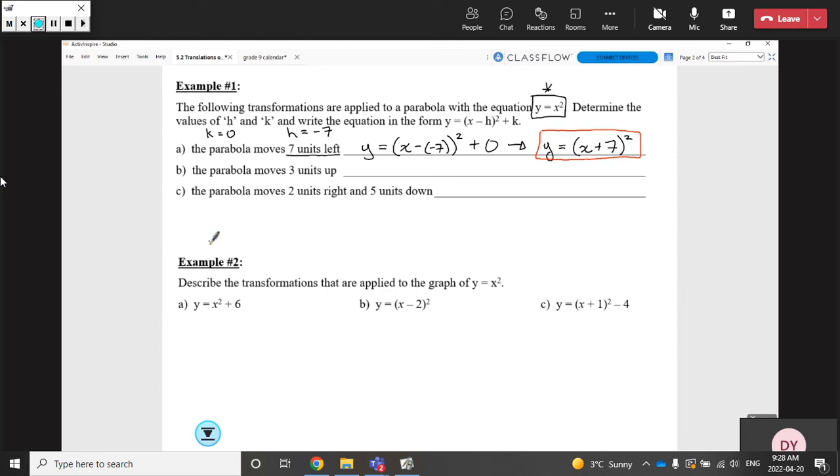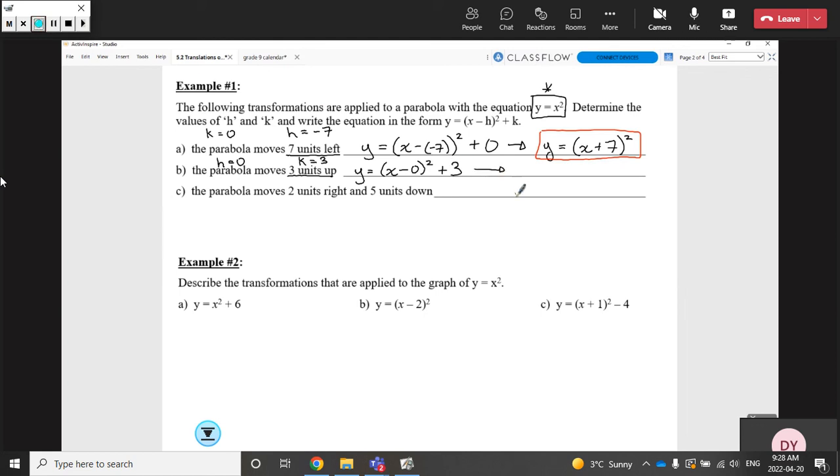Okay, how about the parabola moves 3 units up? Well, if it's moving 3 units up or down, we know that's the k value, and the k is going to be +3 because it moved up 3. So we assume that the h value here is 0 because it did not move left or right. So you might have something like this: y equals x minus 0 squared plus 3, maybe.